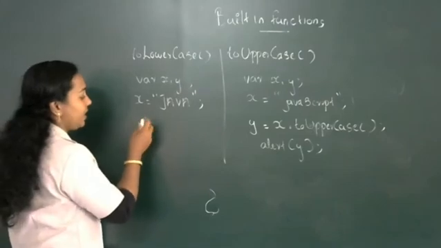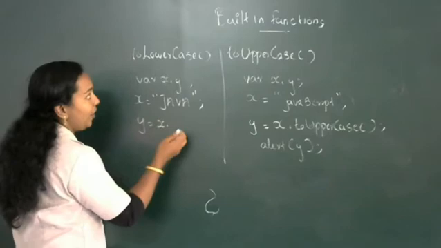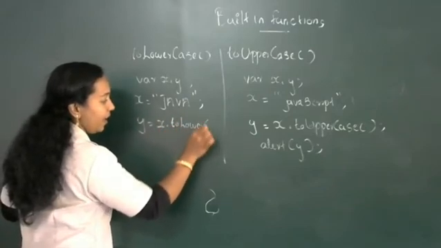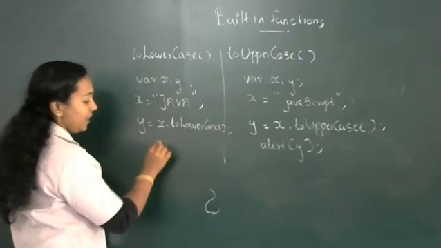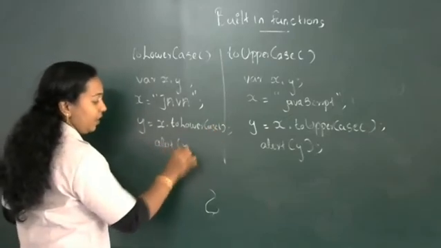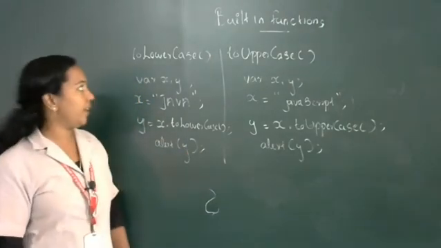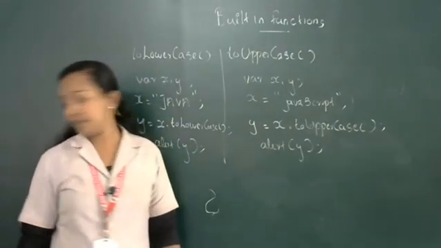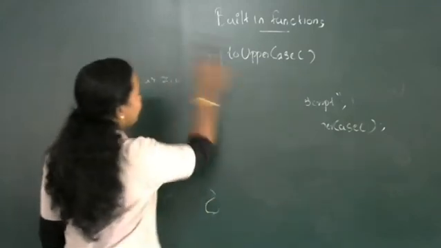After that I can write y is equal to x dot toLowerCase. After that, alert y. Okay, another set of built-in functions, toUpperCase and toLowerCase.